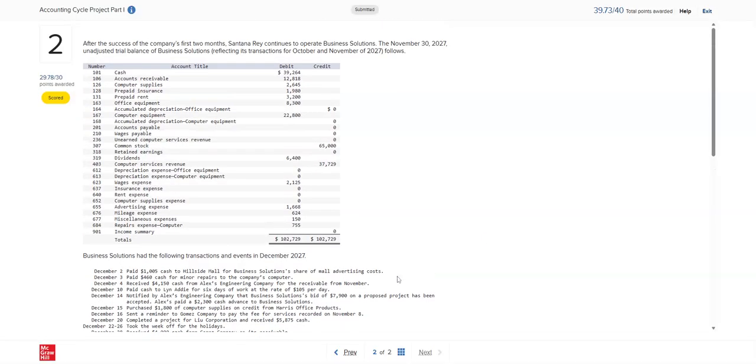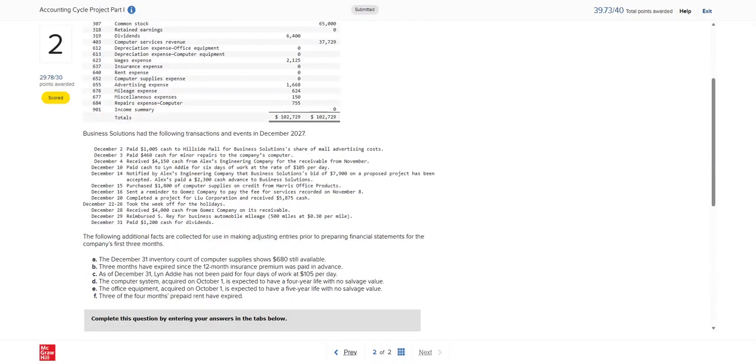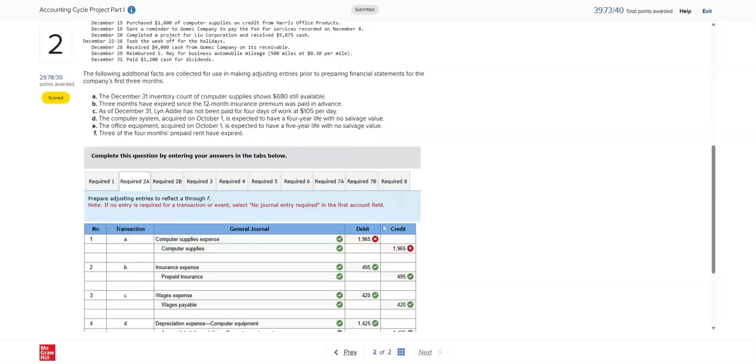What it should be is 2,645 plus the 1,800 minus the 680 for a total of 3,765. So this should be 3,765. My mistake. I looked over it, but that is the correct equation, being beginning supplies plus purchases minus ending supplies. That's how you would get that number.